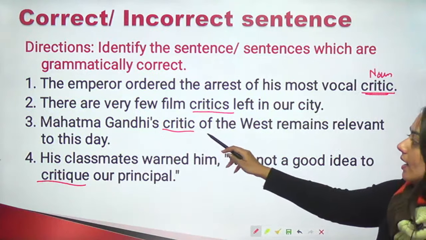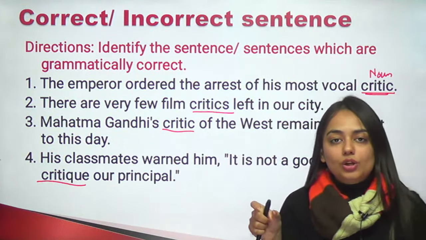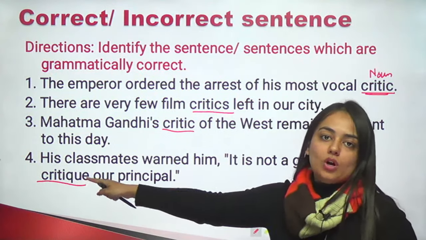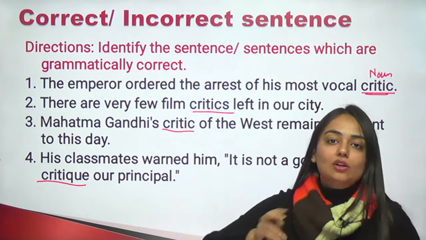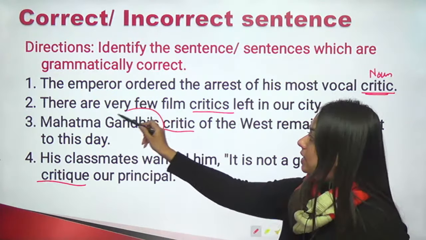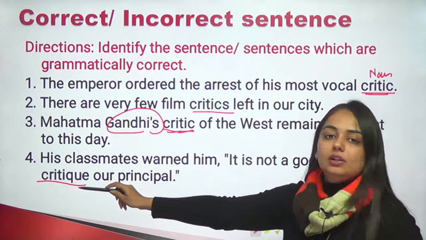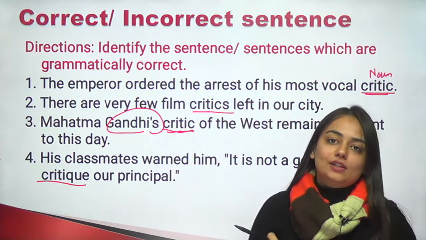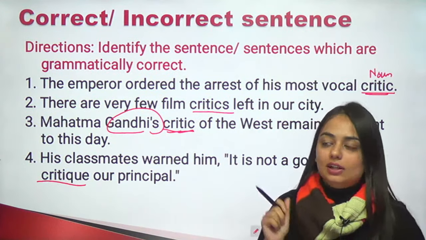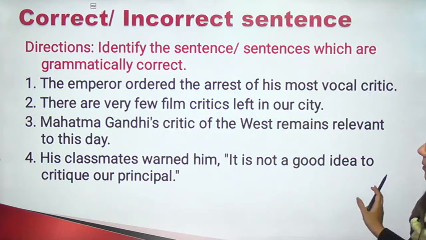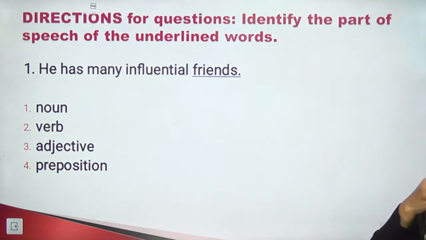So CRITIC is a noun, and this is used for a person, whereas this critique is a verb. There is a difference of spelling and connotation, so you have to understand this. Mahatma Gandhi's critique, so it should have been this critique. Here, only grammatically a verb can fit. A noun would not fit here in this particular context. Wasn't it simple? Let's move on to the next one.